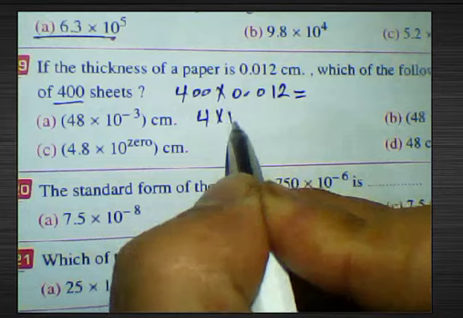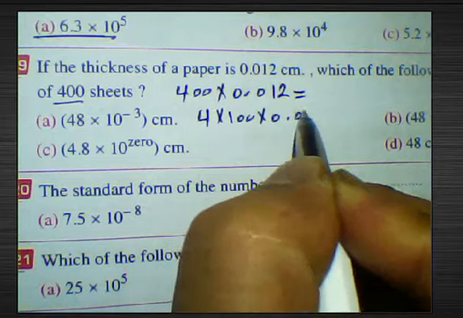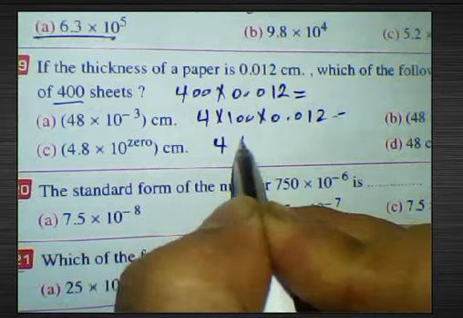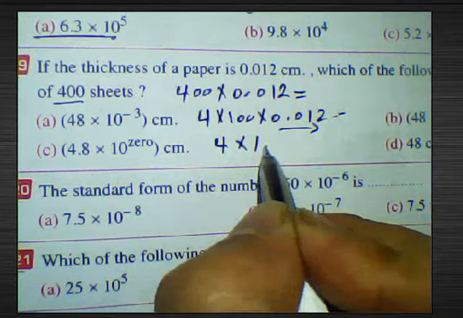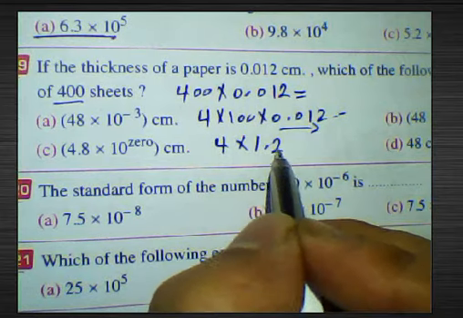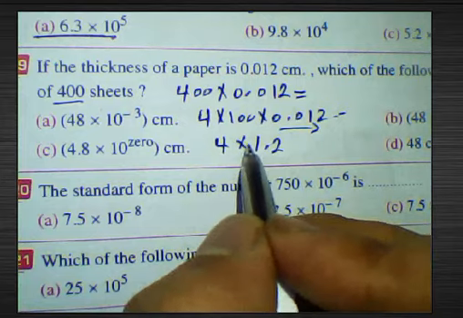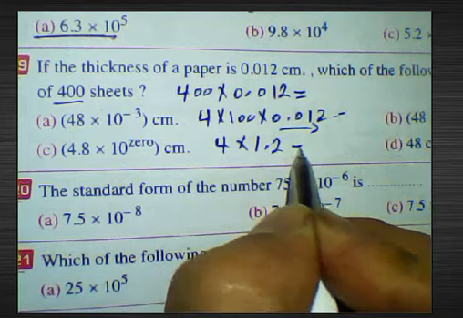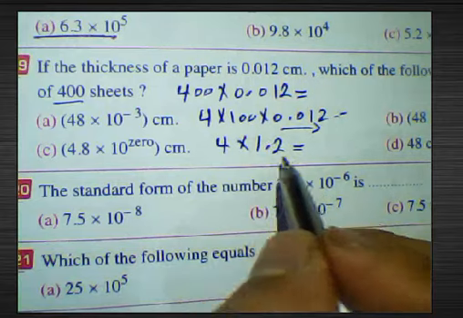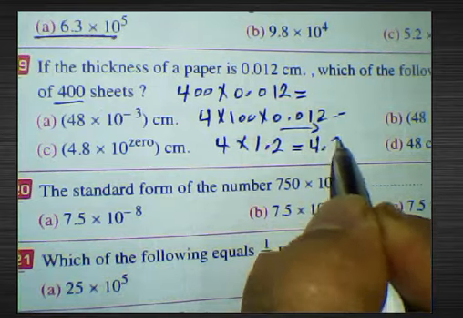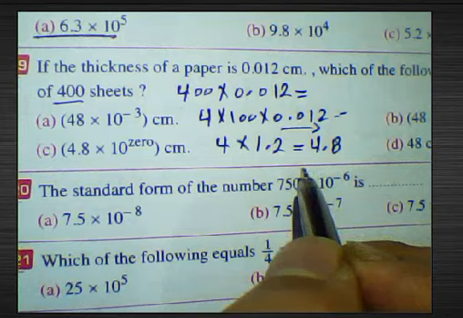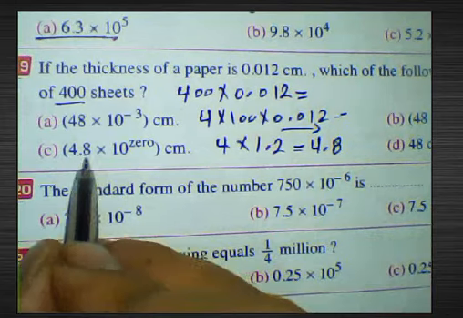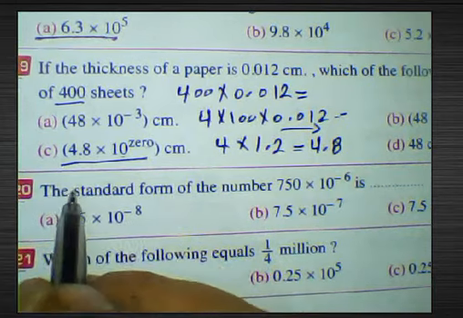It means 4 times 100 times 0.012. 4 multiplied, moving the point here 2 digits to the right-hand side, it will be 1.2. Okay, what is the result here? Who can tell me the result? 4 times 1 equals 4, and here 4.8. So 4.8 centimeters is the result.